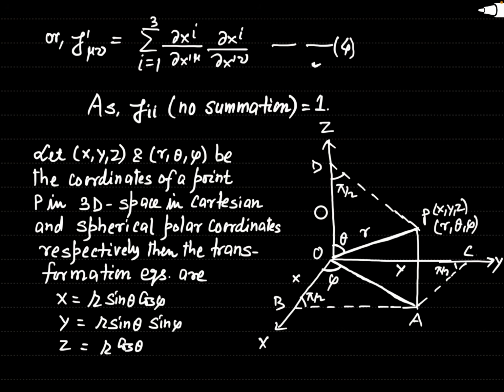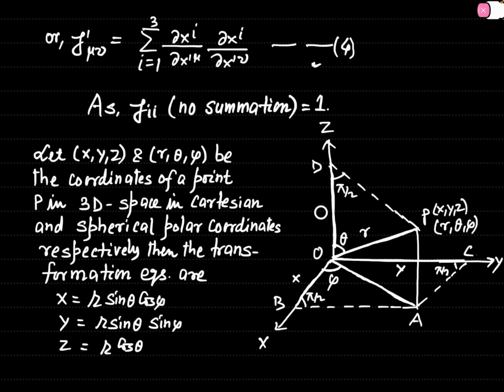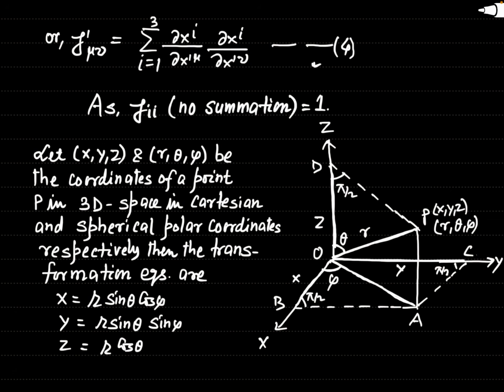After a simple algebra, you will find, and I hope you have an idea of these transformation equations, that this projection OA is equal to x, OC is equal to y, and OD is equal to z. The transformation equations are x equal to r sine theta cos phi, y equal to r sine theta sine phi, and z equal to r cos theta.